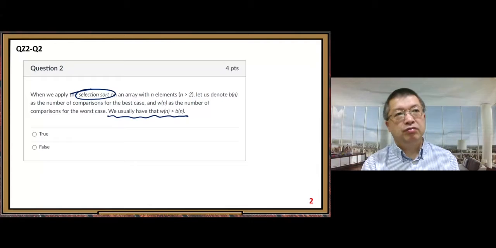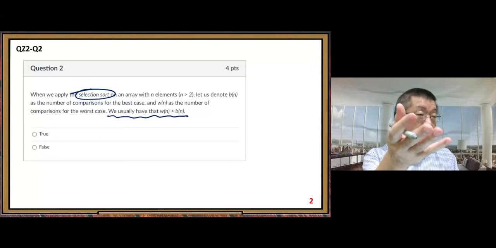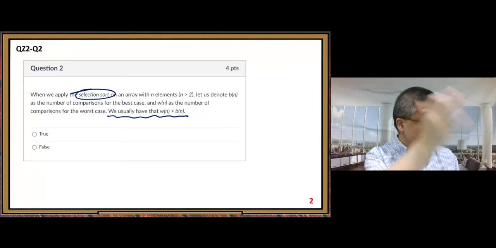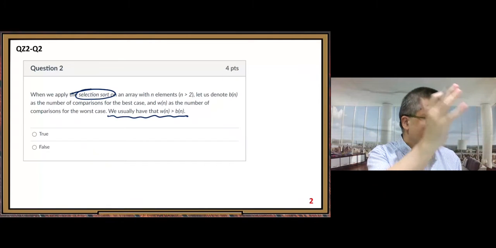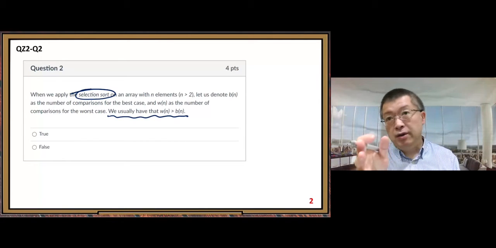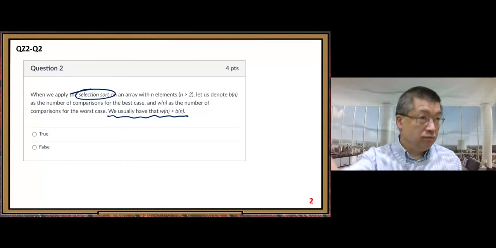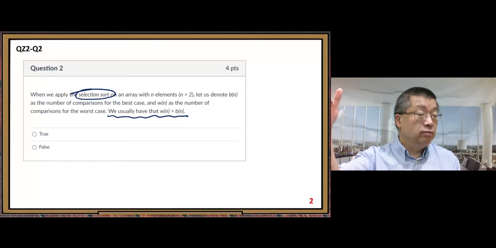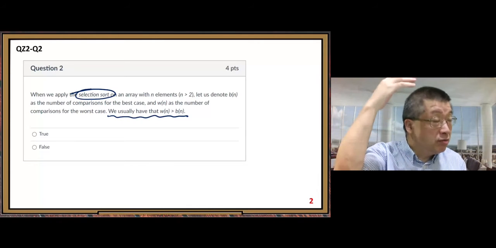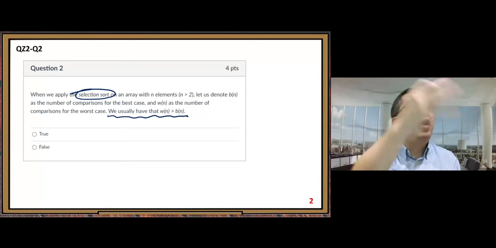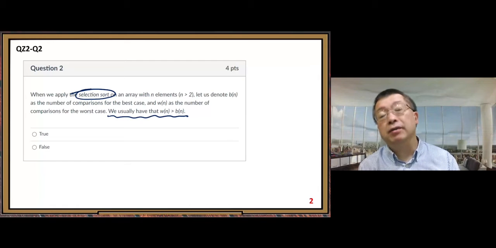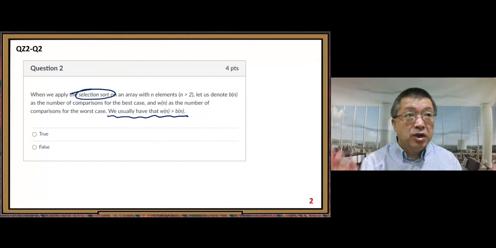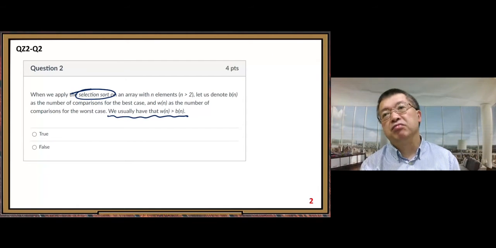Because in our real world experience, usually the worst case number should be greater than or equal to the best case number, and more likely greater than the best case number, right?